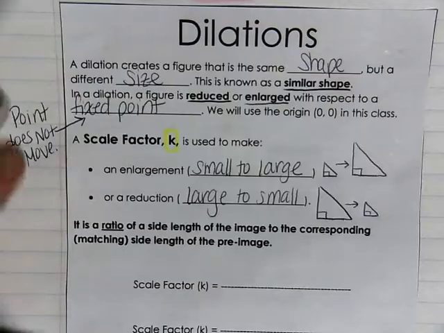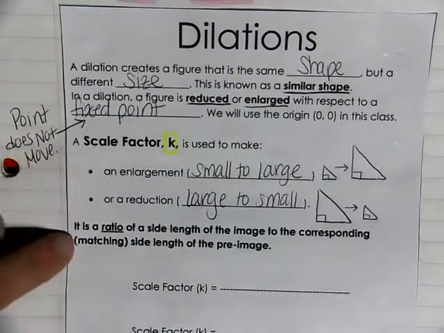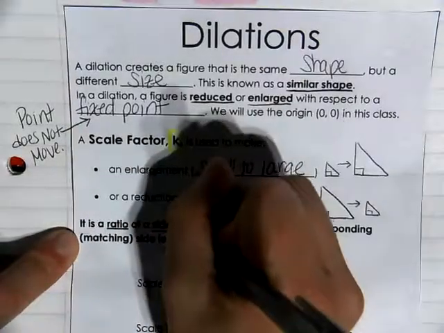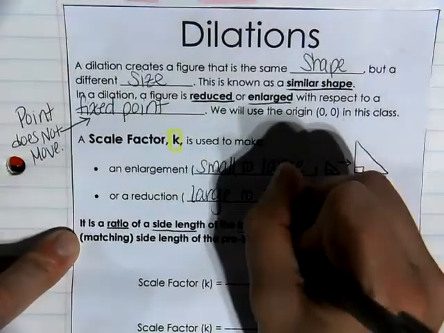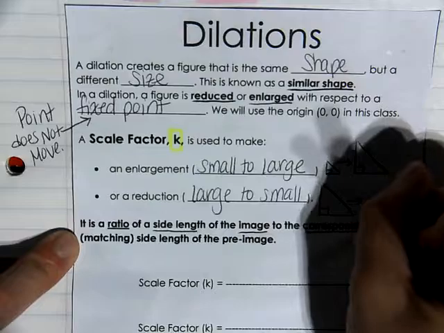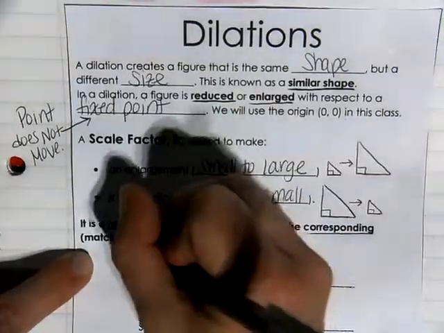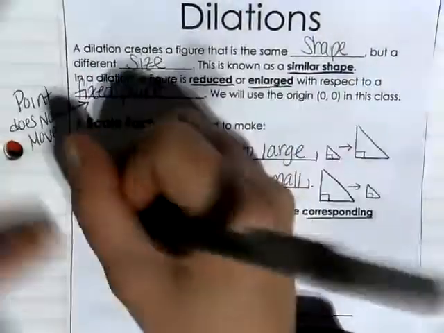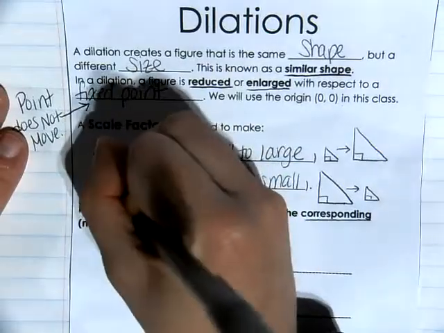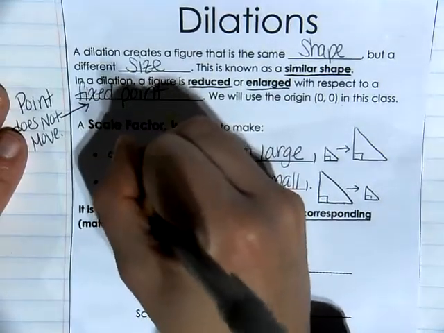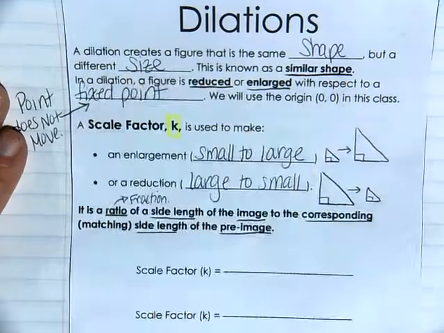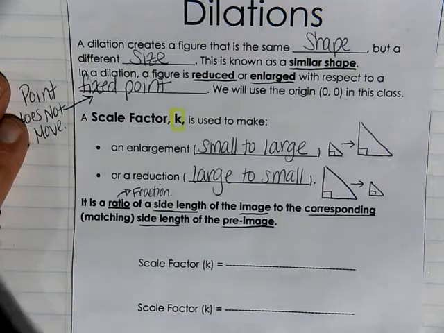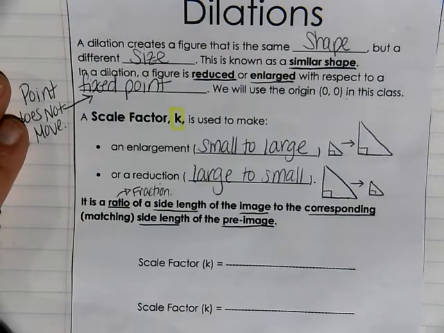Now, it is a ratio. Scale factor is a ratio of a side length of the image to the corresponding, or matching, side length of the pre-image. Ratio is another word for fraction, or a comparison of two numbers. In our case, it will be represented as a fraction that we are allowed to simplify.